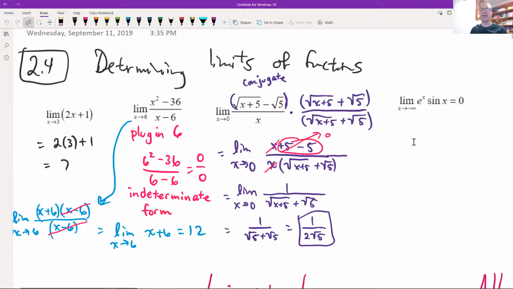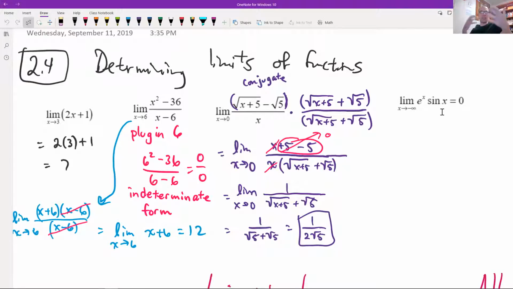But in order to prove that, there's no algebra trick. Plugging that in gives us e to the negative infinity, and thinking about that, it does approach 0 over time. The sine of negative infinity kind of just keeps oscillating between 1 and -1.